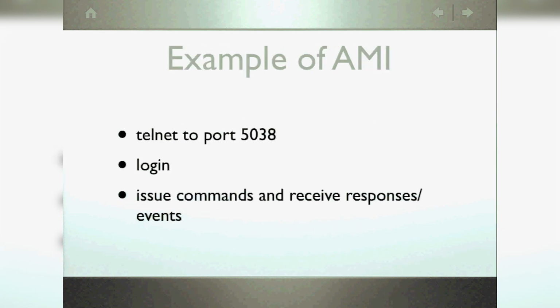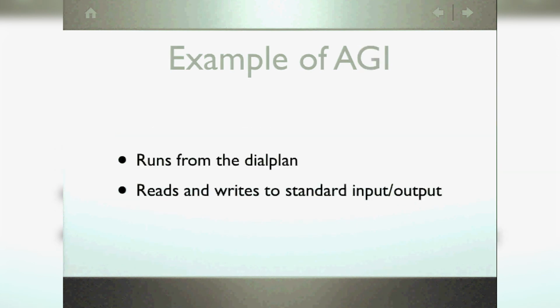So using the Asterisk Manager interface, an example would be to telnet to port 5038 on your machine, log in, issue some commands, and receive some responses or events. An example of an AGI, as I said before, is something you run from the dial plan and read and write from the standard input or output.